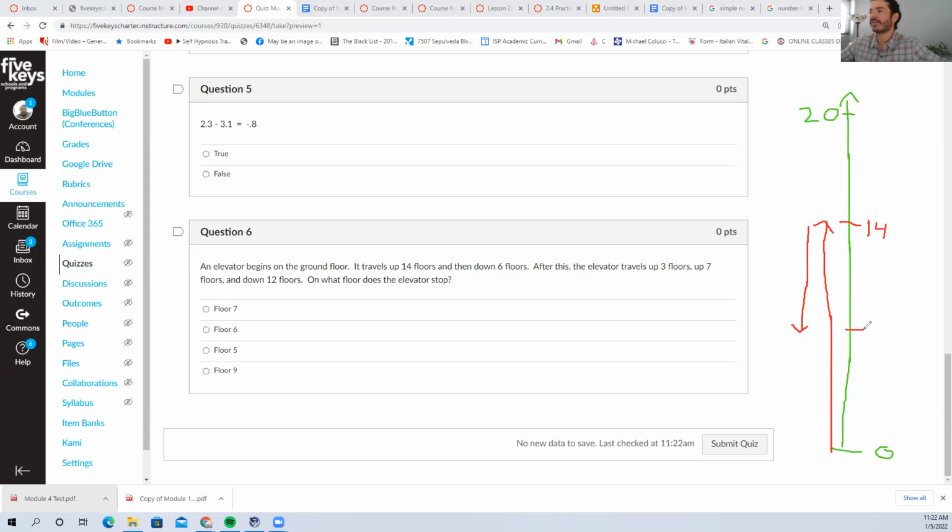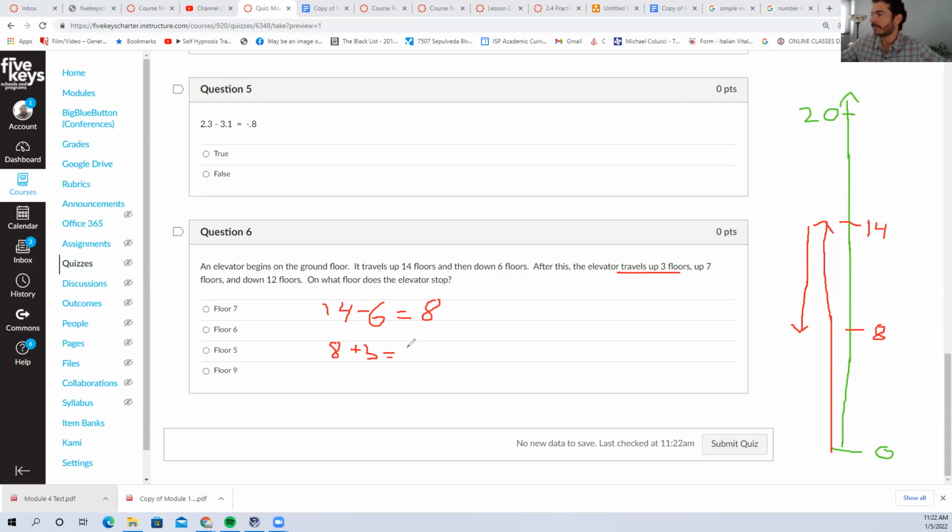Where does that leave us? Well, if I take 6 from 14, I'm at 8, right? So now I'm at 8. After this, the elevator travels up 3 floors. So where does that leave us? Well, if I'm at 8 and I go up 3, I'm going to use addition.